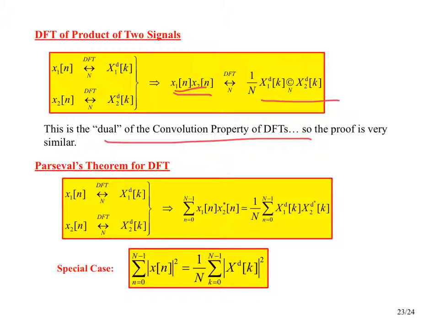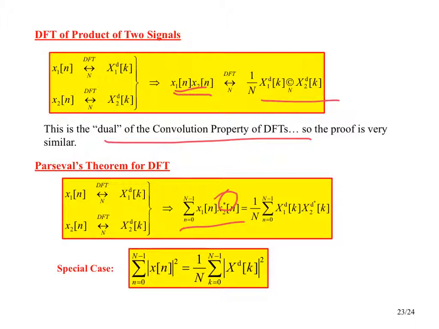And then the second result on this page is Parseval's theorem. All of the transforms that we've seen preserve energy in some fashion. This is a very handy result. If we take two signals and we're accounting for the possibility of them being complex, so we should take the complex conjugate there to get this result to work.